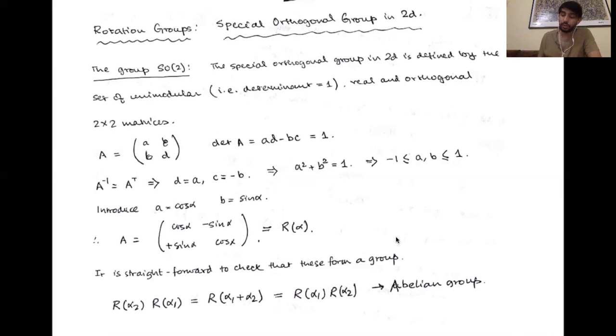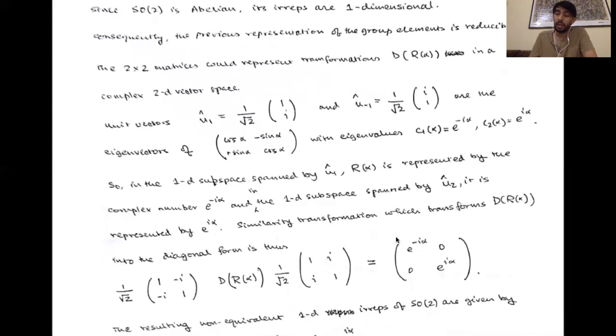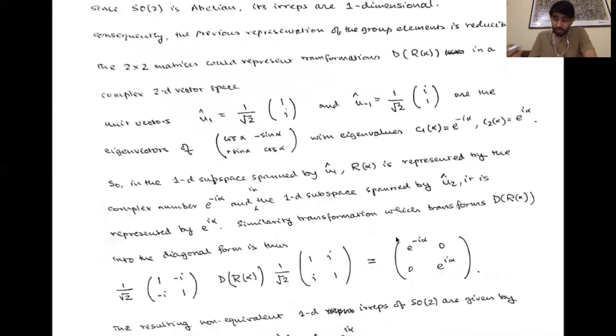So the point is that this 2 cross 2 dimensional representation is actually a reducible representation. Let's explicitly see this. Since SO2 is abelian, its irreps are 1 dimensional. So the representation that we just came across is reducible. Now let's look at how this is the case.